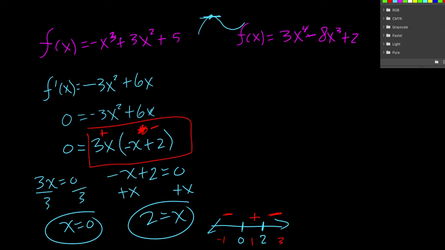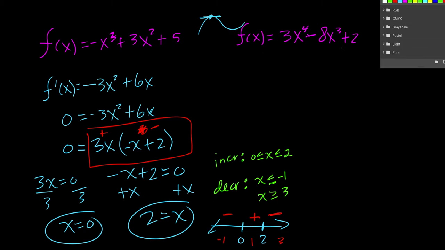And so to write our final answer, the intervals where this is increasing, it's wherever the plus sign is. So it's going to be in between 0 and 2. And then decreasing is going to be when x is less than or equal to 0, and when x is greater than or equal to 2.